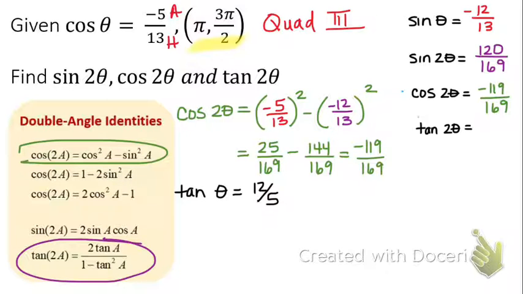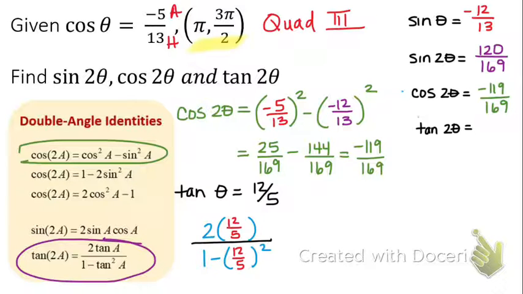We're going to take 2 times the tangent, so 2 times 12 over 5, and that's all over 1 minus tangent squared, so 1 minus 12 over 5 squared. We've got a lot of math to do, but this is our last question, and then we'll be finished. Let's do the numerator first.